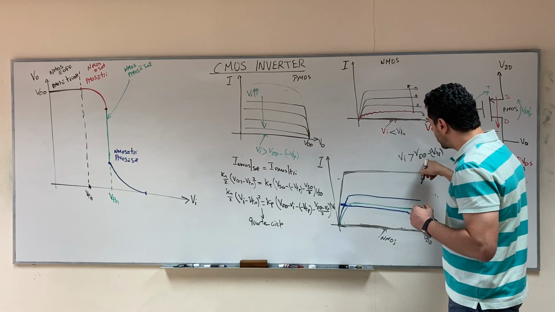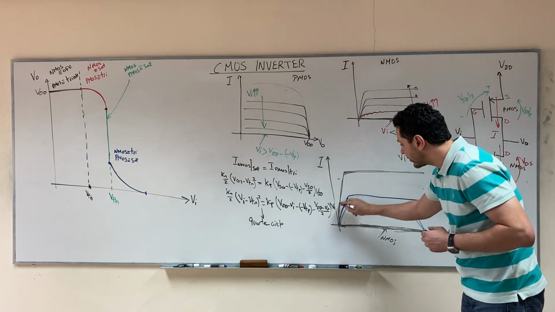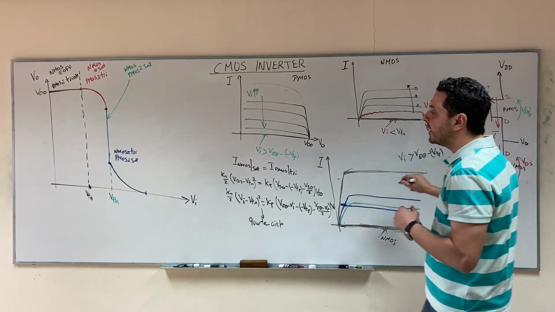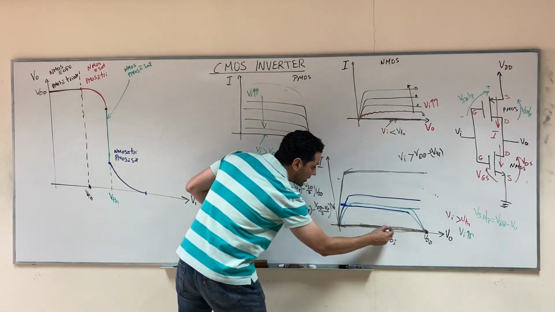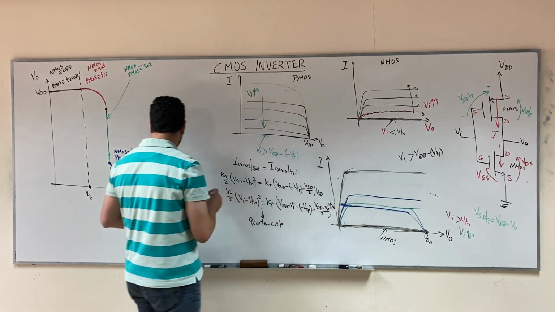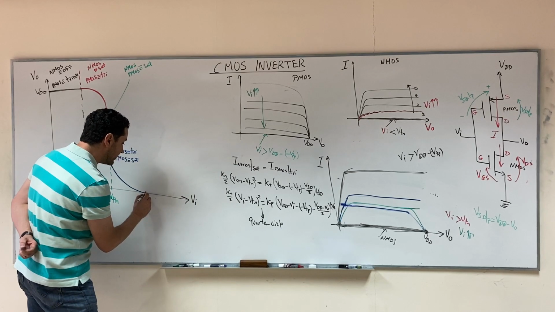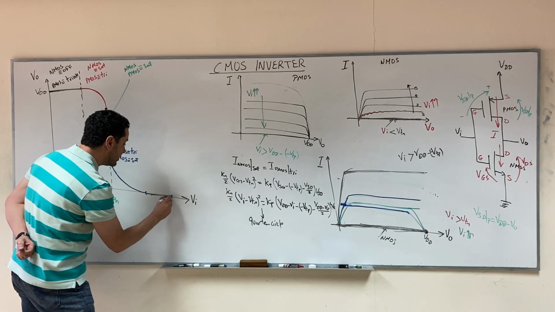Once V input reaches this value, the curve for the PMOS will be 0, and the curve for the NMOS will be high, and the operating point will be, of course, 0. The intersection between the curve of the PMOS and the curve of the NMOS will be at 0, and in this case, V output will be 0.